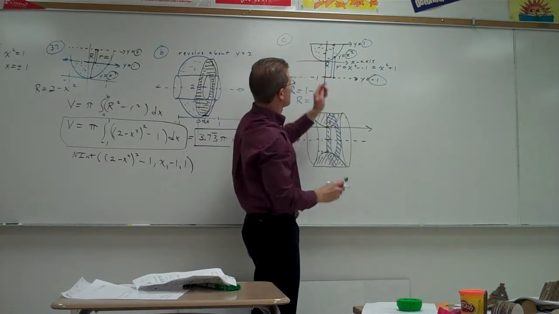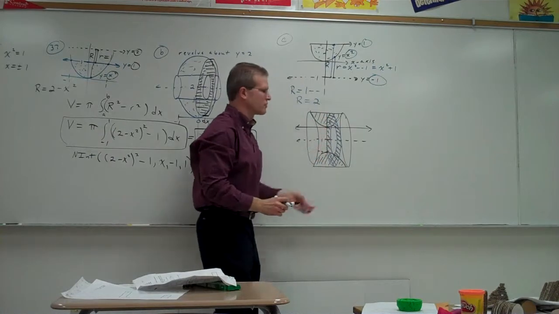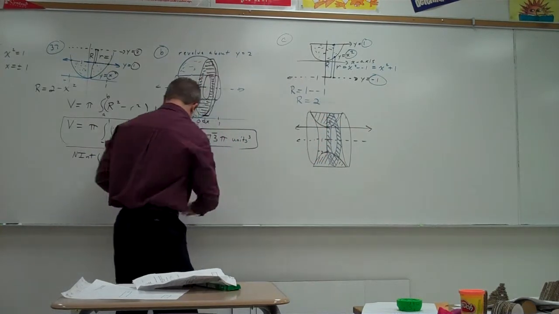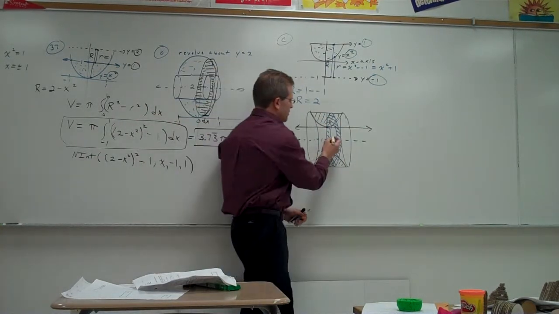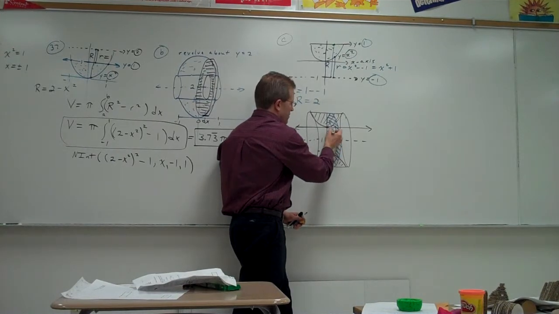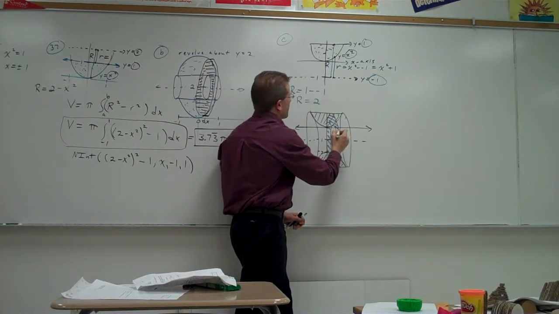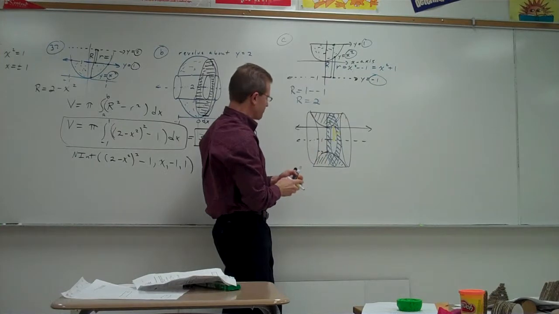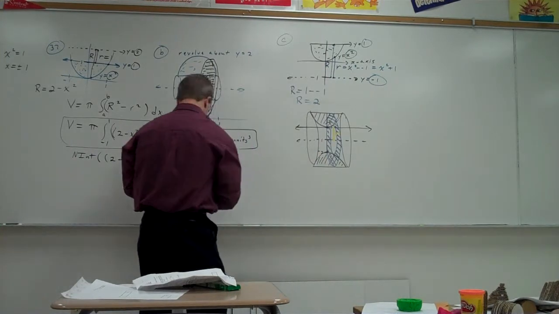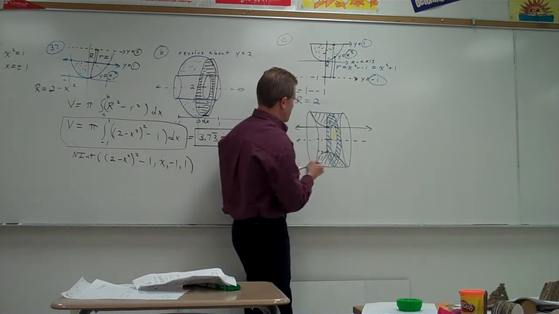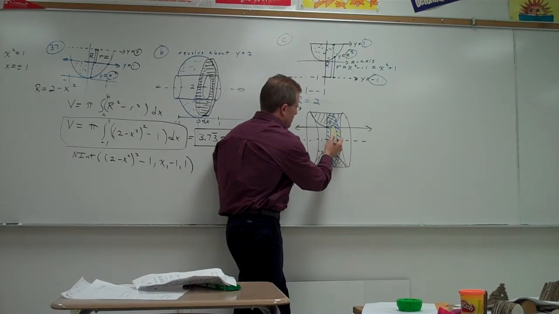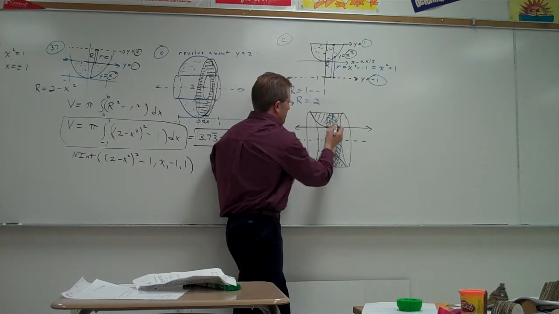So no matter where I slice it, the radius of the big circle is going to be 2. So I just figured out expressions for this: my little radius came out to x squared plus 1. And all the way from here, all the way up to here, that's your big radius.